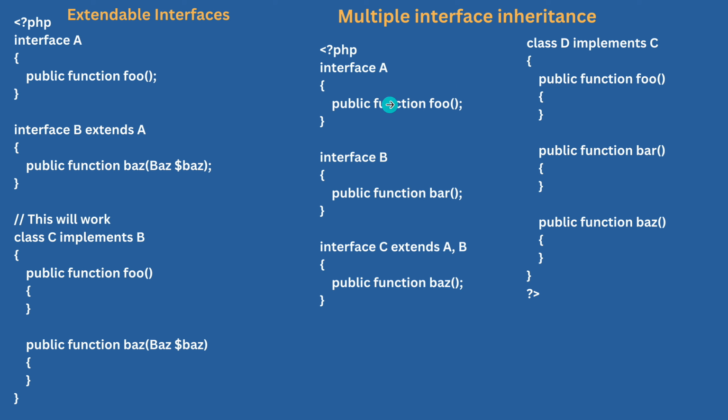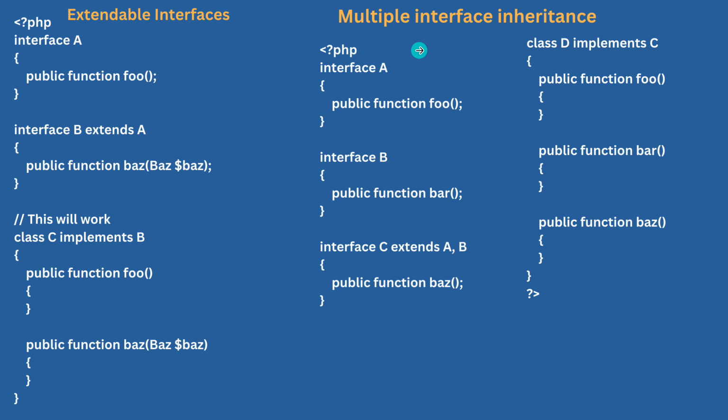Now multiple interface inheritance. If interface C extends both A and B, then both these functions are also included in interface C. So if I define a class D implementing C, then which functions do I have to define in this class?